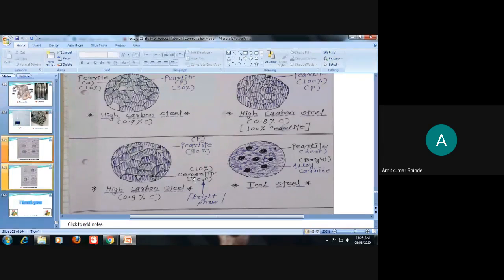So this is the microstructure related to low carbon steel, medium carbon steel, and high carbon steel. For medium carbon steel, 50% ferrite bright phase and 50% pearlite dark phase. When carbon percentage is less, for low carbon steel, try to remember this structure only.